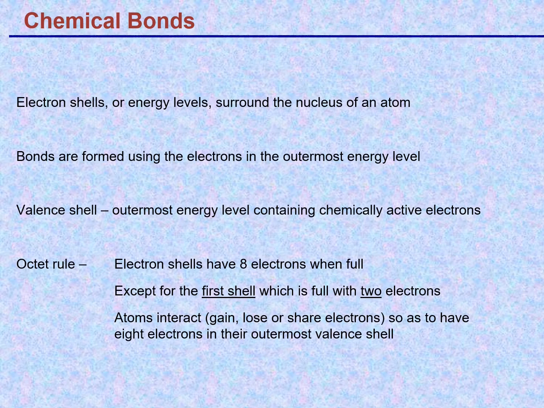In terms of these orbits or valence shells, there is a rule called the octet rule. Except for the very innermost orbit, where you have two electrons in a full first shell, every other orbit or shell further away from the nucleus will need 8 electrons to be full.